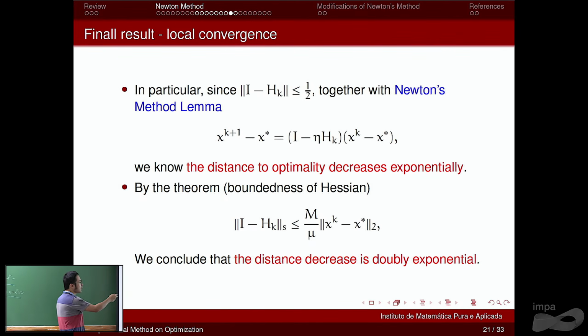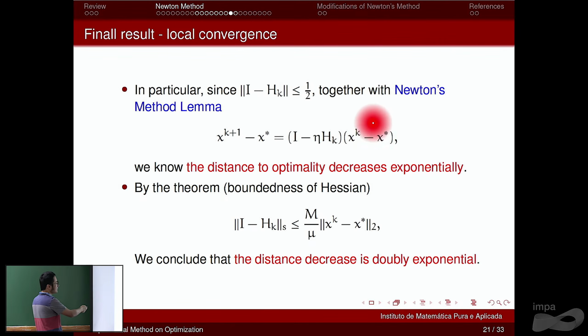The idea of the proof of this theorem was in the last slide. First, you got this Newton lemma. You rewrite xk plus 1 minus x star as this matrix times xk minus x star, and then you get an upper bound of this matrix with respect to the norm by the constant times xk minus x star.